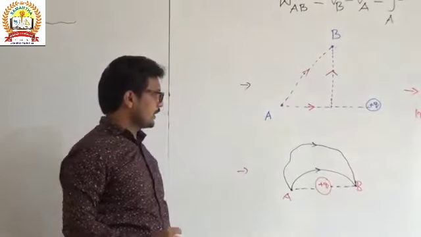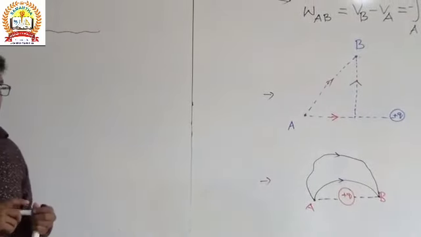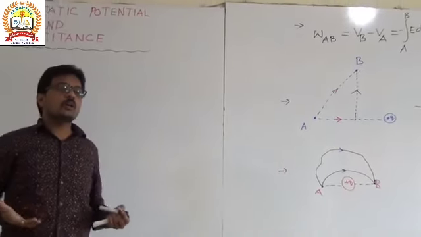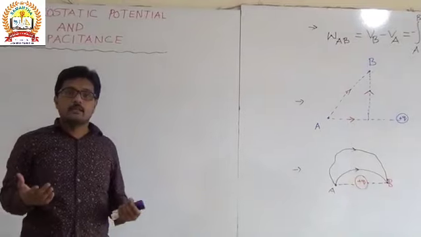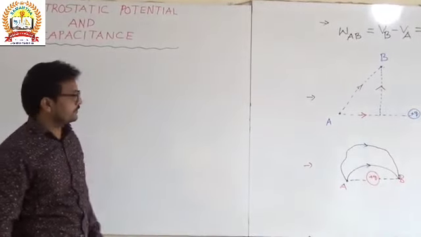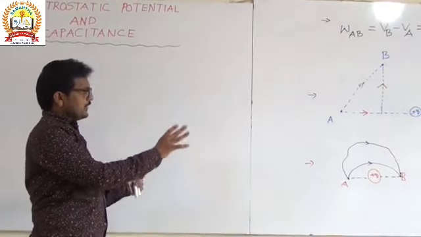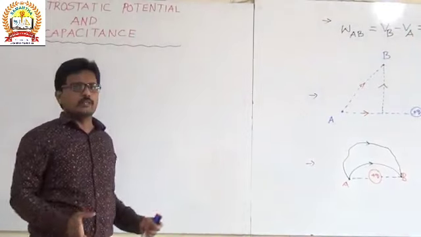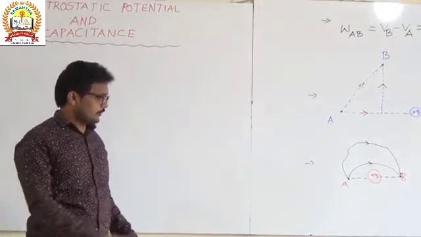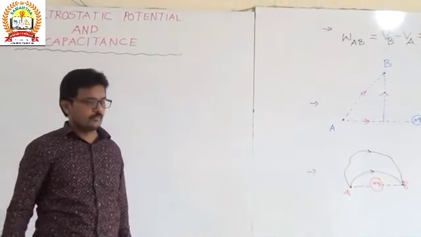These are different examples showing how long work can happen when the charged particle moves between the two points. If you take different paths, it doesn't matter, but it will move from one point to another till the potential is the same.